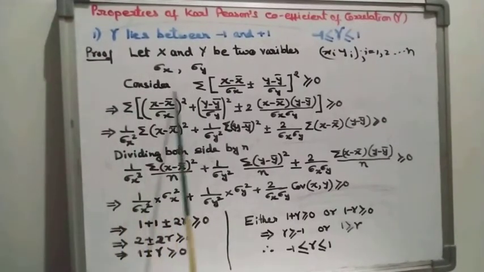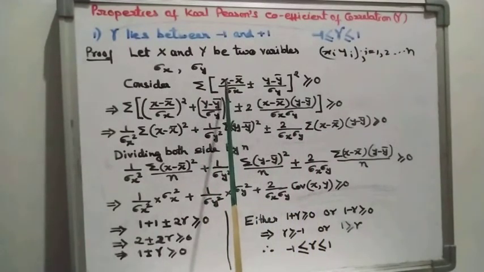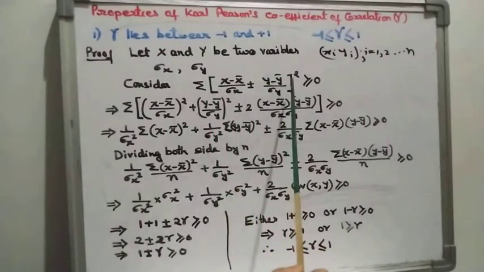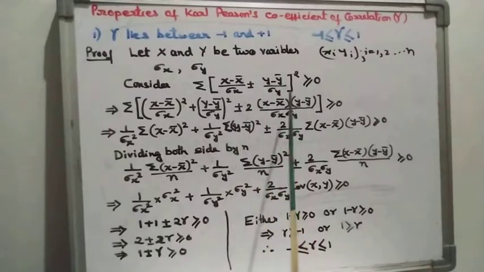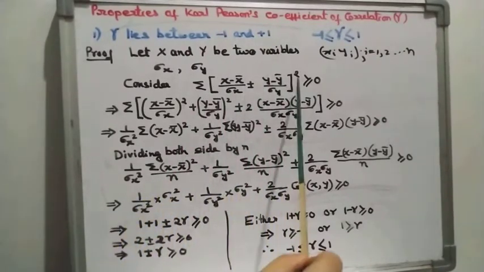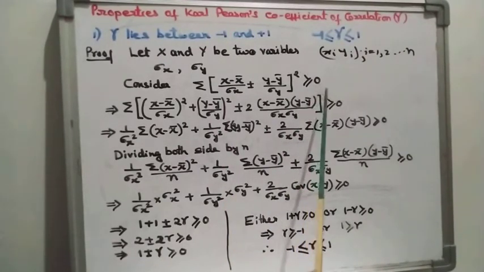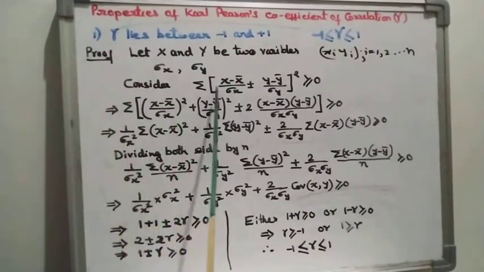You have to remember that whatever we square is always greater than or equal to 0. The value cannot be negative, so it is not less than 0. Just because we are squaring it, it must be greater than or equal to 0, which is universally true.